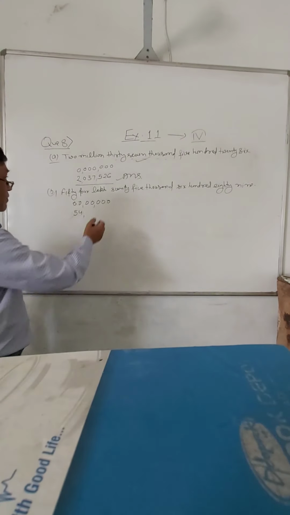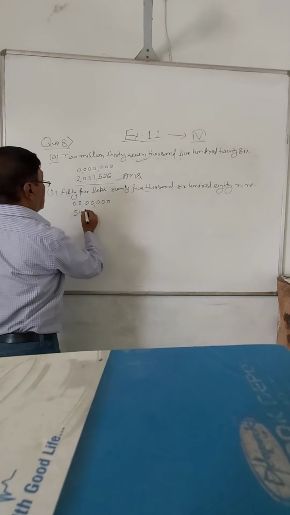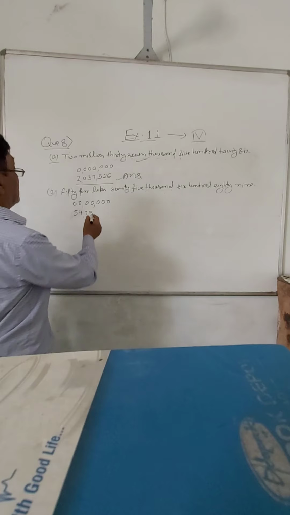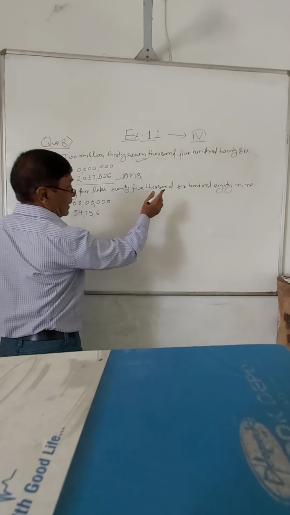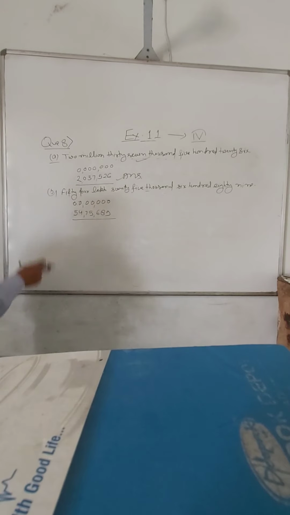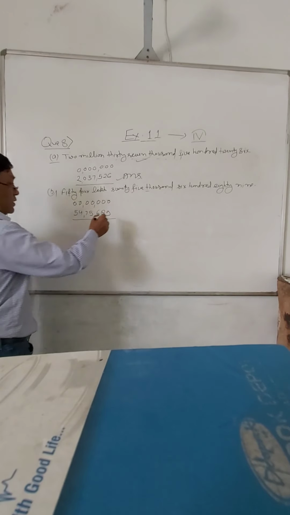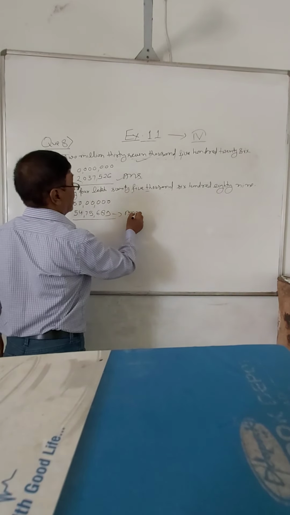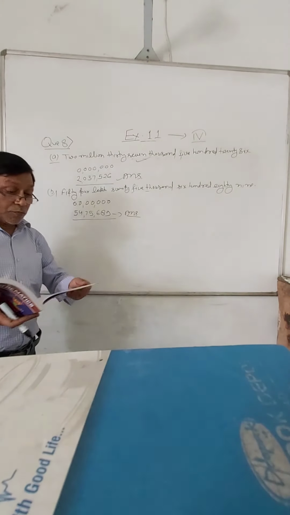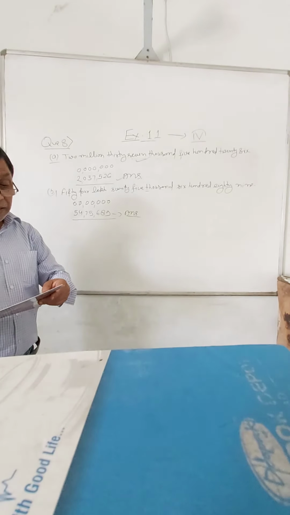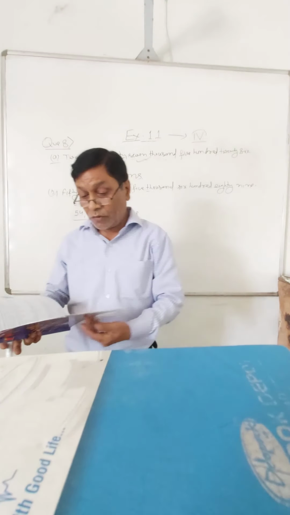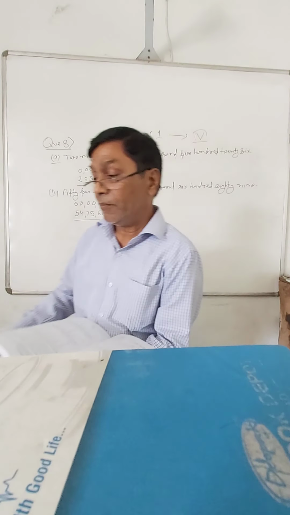After that 75,000, then 689. So this is the numeral of this question, the answer of the above. In the same way, certain more problems are given here, which I will give you in the homework. Now next, question number 9.